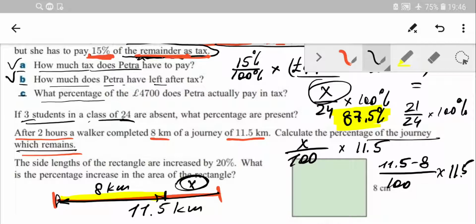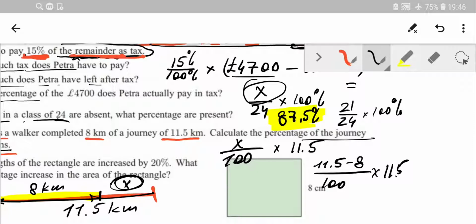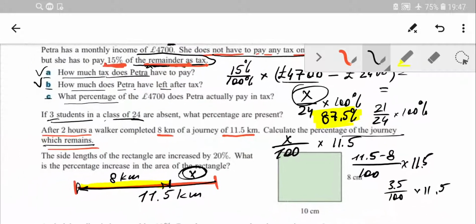So it's going to be 3.5 over 100 multiplied by 11.5, and we get 0.4025.